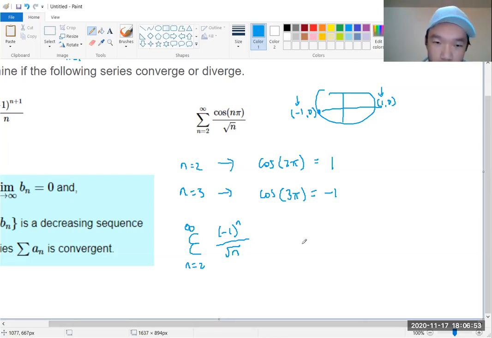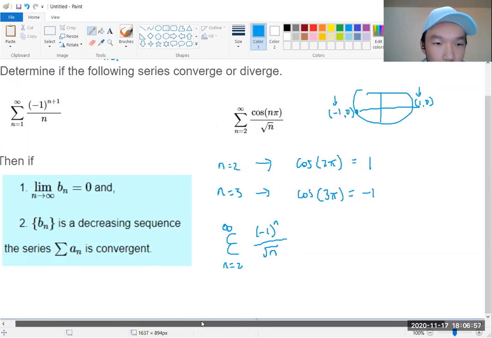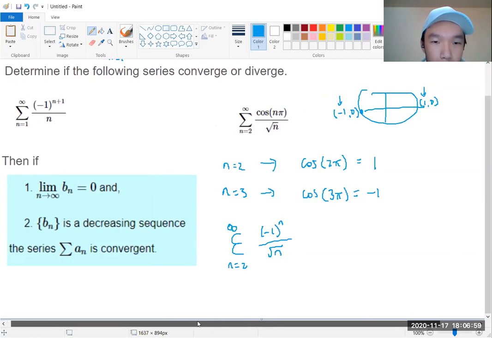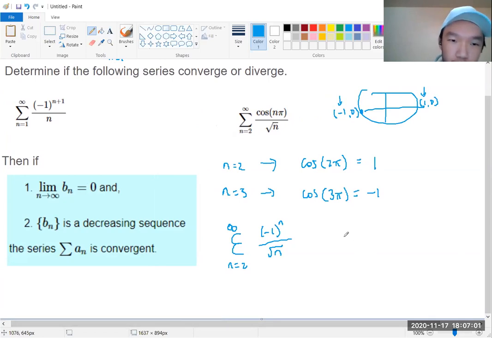All right, since it's an alternating series, let's use the alternating series test. What is b of n here? Yeah, so it's just 1 over square root of n.